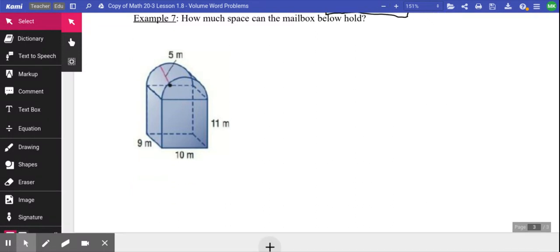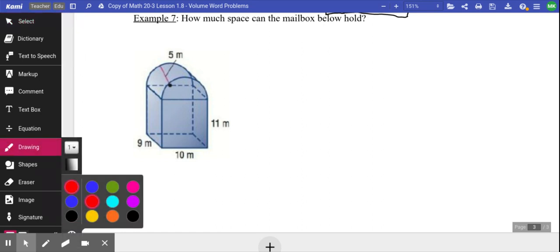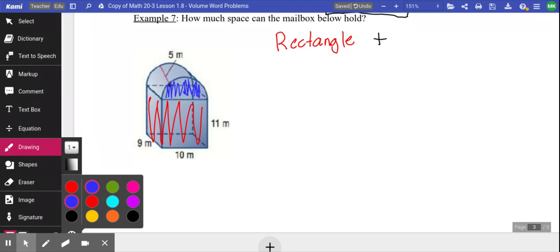Got the last one here. What would the shapes be that I break that one into? A rectangle and half circle. I've got a rectangular prism and a half cylinder. Down here, I've got my rectangular prism, plus on the top, I've got this half of a cylinder.